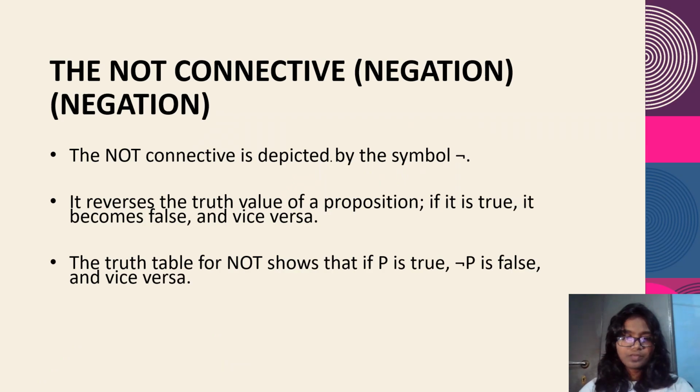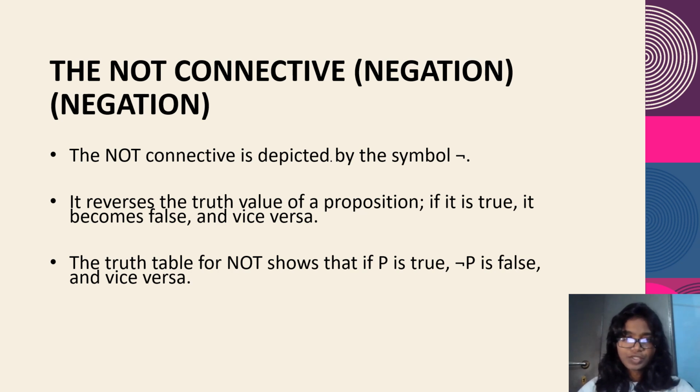Next is the NOT connective, negation. The NOT connective is depicted by the symbol which we can see on the screen. It reverses the truth value of a proposition. If it is true, it becomes false, and vice versa.